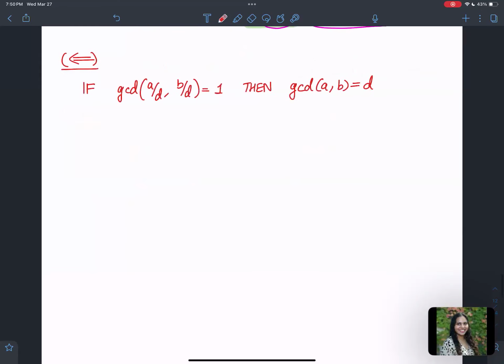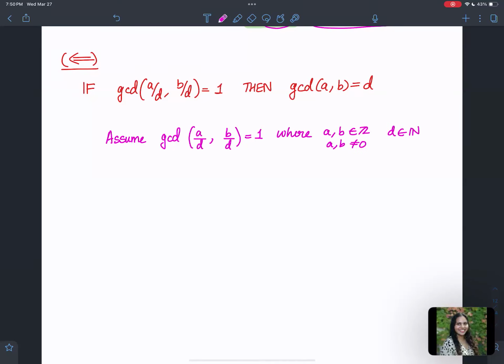Okay, so for your direct proof, don't forget, what's your assumption? You assume the if part, and then you show the then part is true. So assume GCD of A by D and B by D equals 1, where A and B are integers, A and B are not 0, D is a natural number. Okay. So same thing that we did earlier.